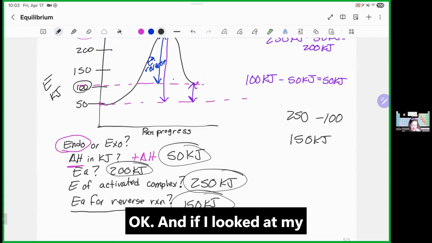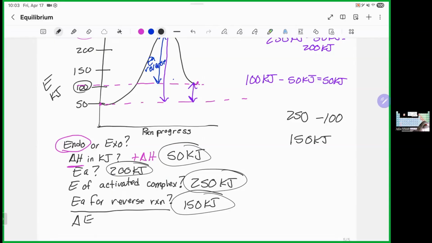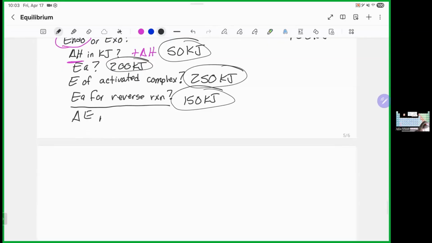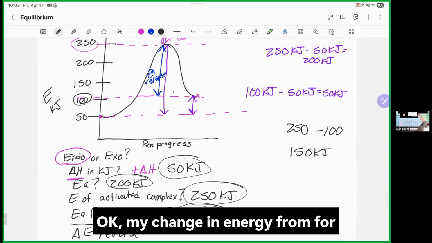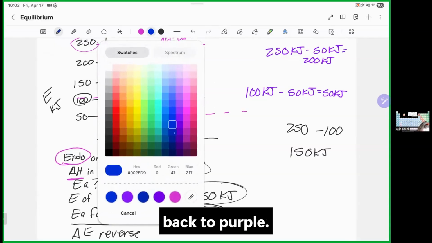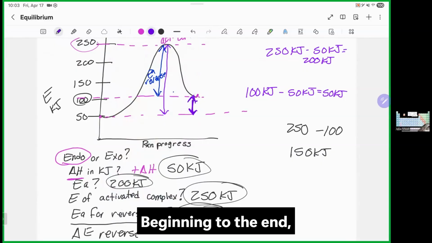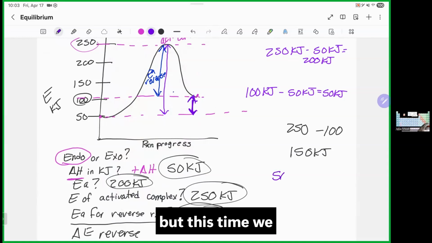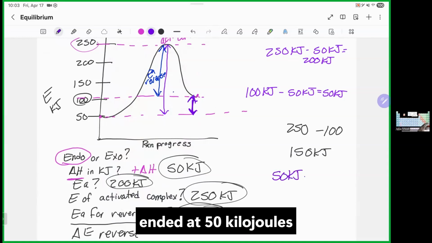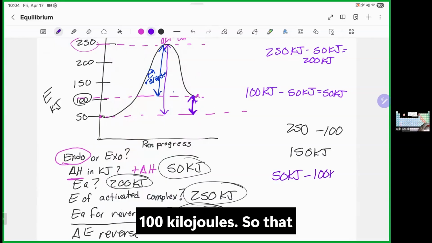Okay. And if I looked at my change in energy for the reverse, I'm going to go back to purple, it is from the beginning to the end. But this time we ended at 50 kilojoules and we started at 100 kilojoules.